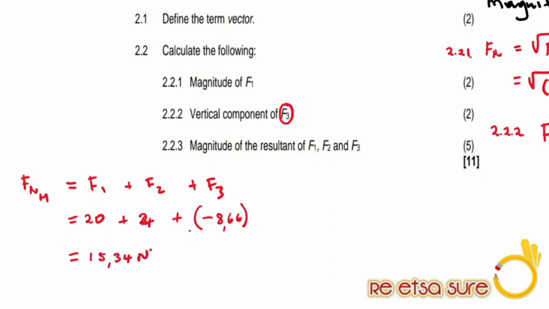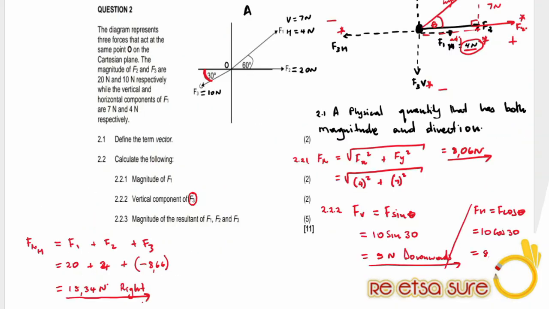What is our direction here? For the fact that our answer is positive, we can say that the resultant for horizontal must be pointing to the right. I hope we are together, guys. So step number 2, let me determine the F resultant for vertical. How many forces are acting vertically here?